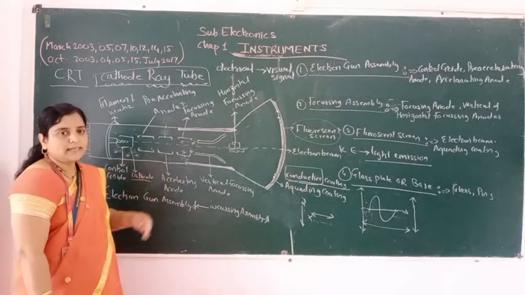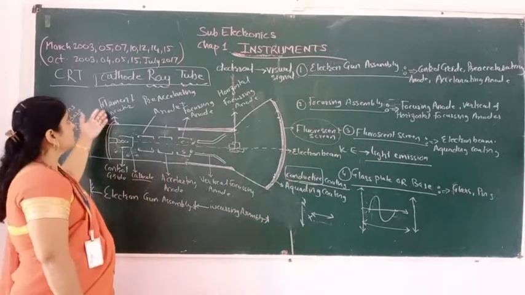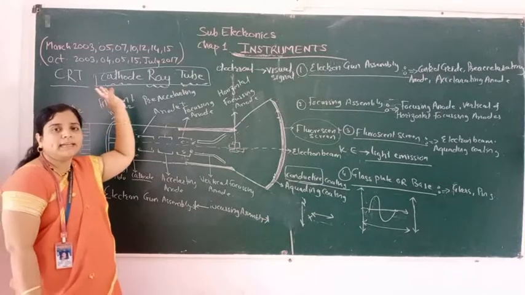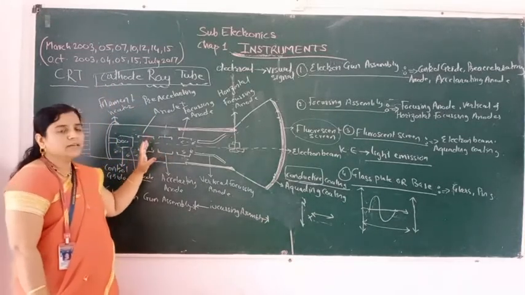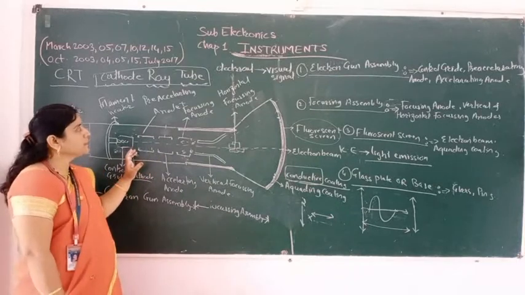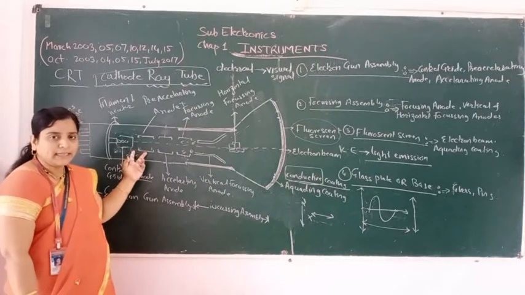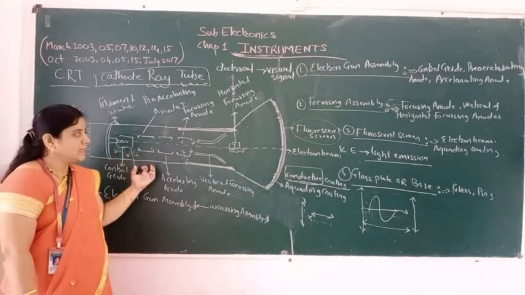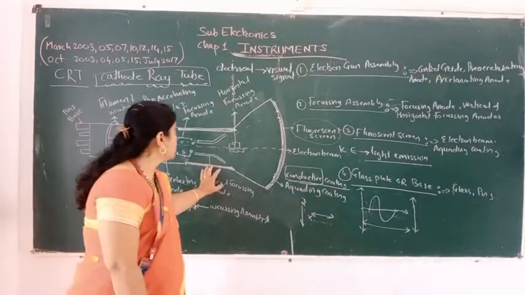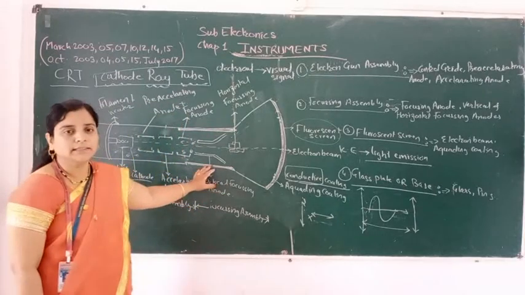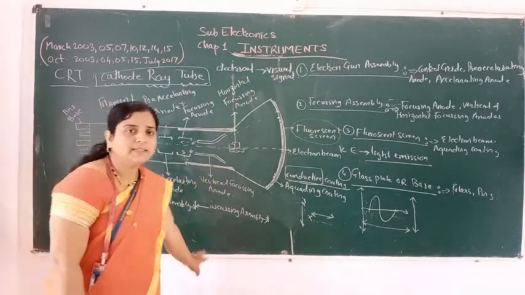Do all of you understand? This is a very important question. It has been asked more than 10 times for 4 marks. This CRT is basically of 2 types, electrostatic and magnetostatic. We will see that in the next lecture. Do all of you understand this? Thank you.